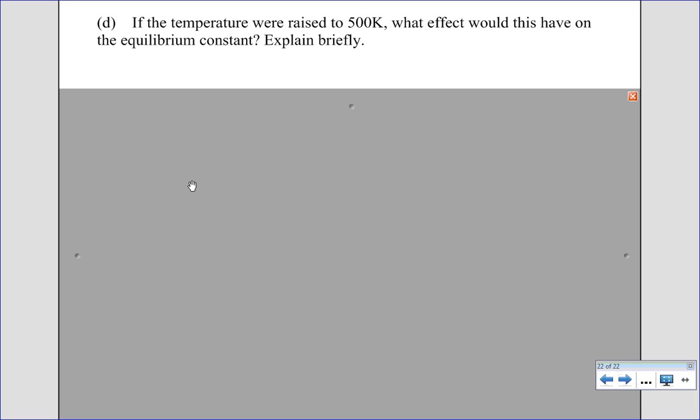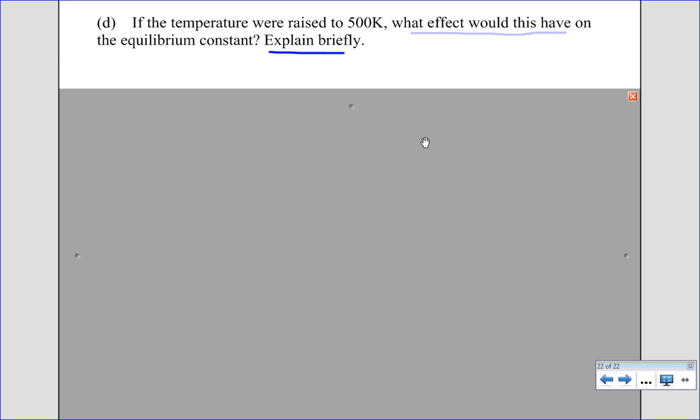And then if we raise the temperature, what effect would this have on the equilibrium constant? And explain briefly. Remember from the beginning, this is an endothermic reaction. Now, when you answer a question like this that comes in two pieces, where it says, what effect would this have? And then explain, you should answer it exactly in that order.